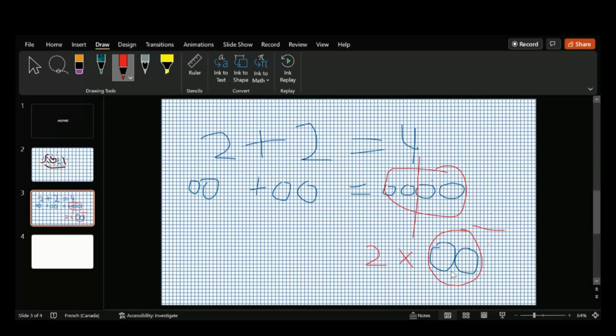So basically, it's a multiple of 2. So that's division and multiplication for you.